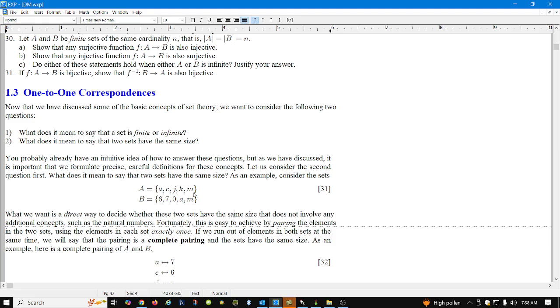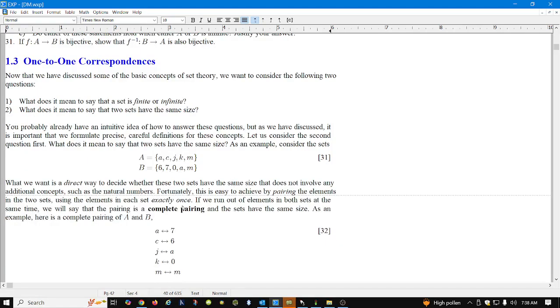So the M that lies in A should be used exactly once on the A side of the pairing, and the element M in the set B should be used exactly once on the B side of the pairing. If we can do that and run out of elements in both sets at the same time, then we have what I will refer to as a complete pairing. That's not a standard term, so you probably won't see it elsewhere, but it's convenient for us.